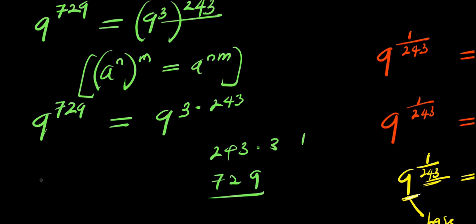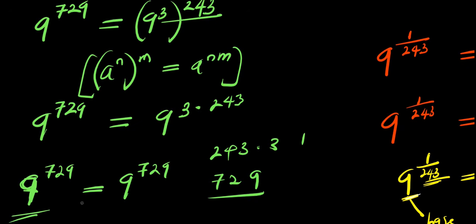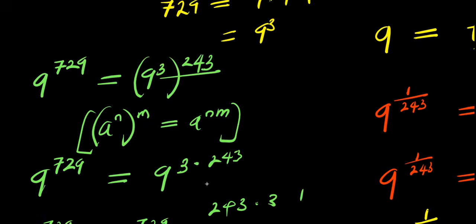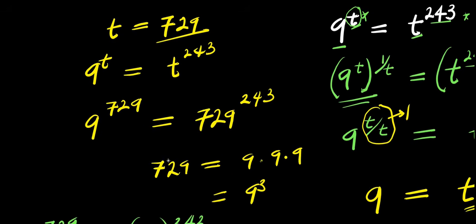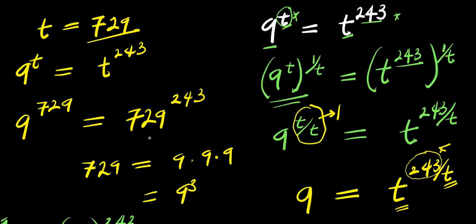So you have 9 power 729 equals 9 power 729. So the left hand side here equals the right hand side. So this satisfies the equation, and that means the answer, which is 729, is obviously very correct.